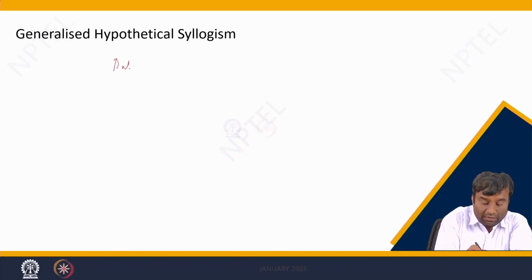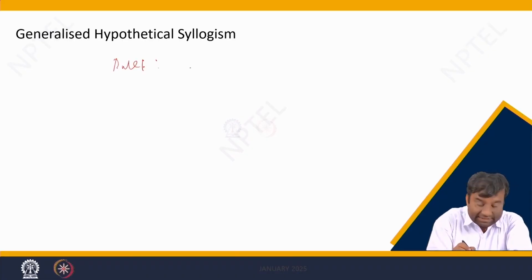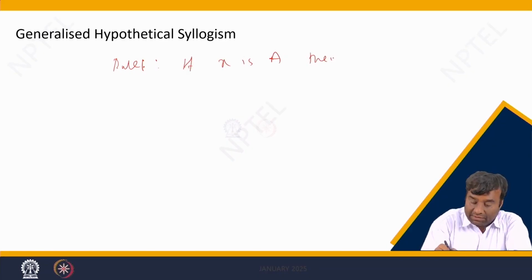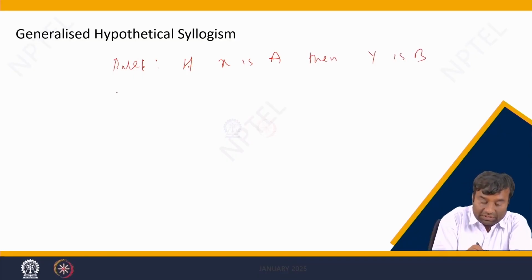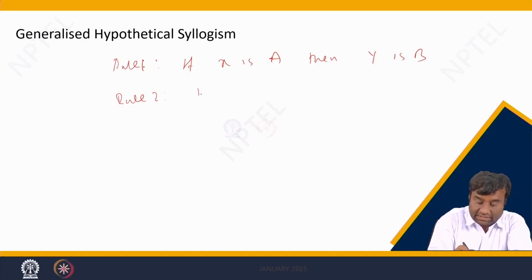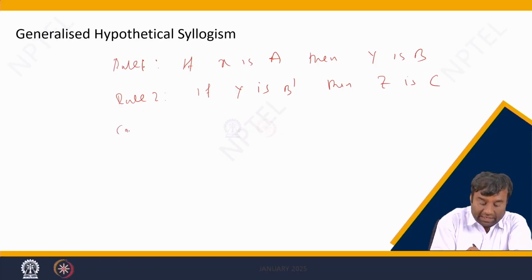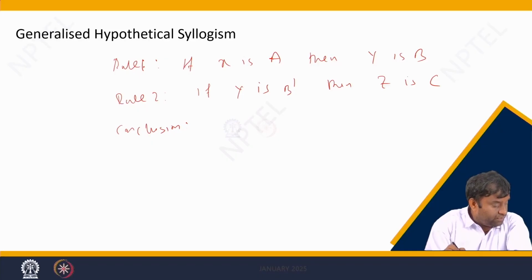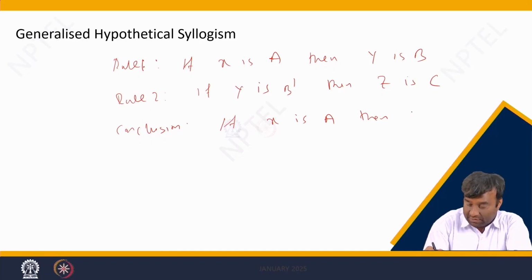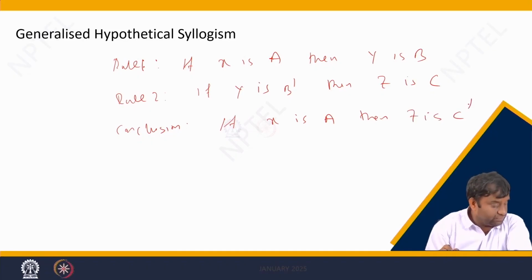Rule 1: if X is A, then Y is B. Rule 2: if Y is B dash, then Z is C. The conclusion is that if X is A, then Z is C dash. So B dash is closer to B.